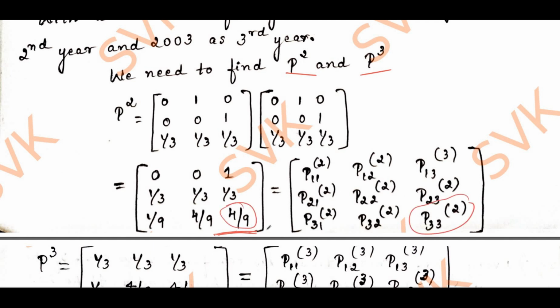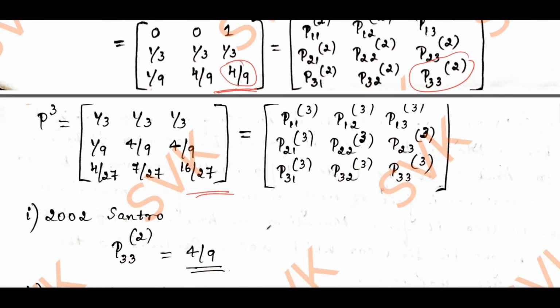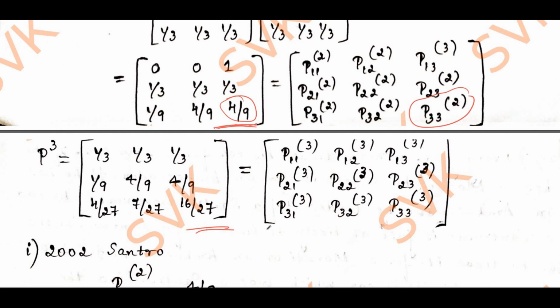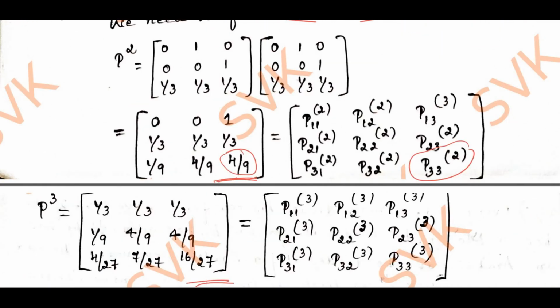So 4 by 9 is the answer for Santro in the year 2002. Similarly, in the year 2002, he will be having Maruti. So we can have the answer as 1 by 9. How to find it? P31 upon 2, so 1 by 9.